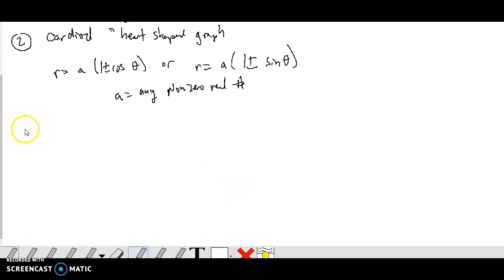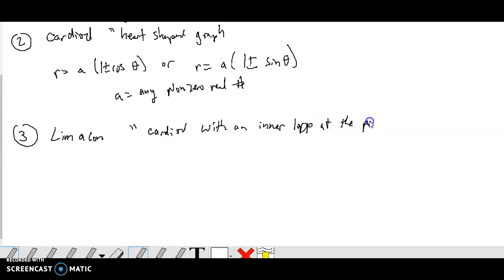Okay, the third type of graph we are going to see in just a second is known as a limacon. Okay, this one is kind of like a cardioid, but with an inner loop at the pole. So basically at the origin, and again, as long as a is less than b.